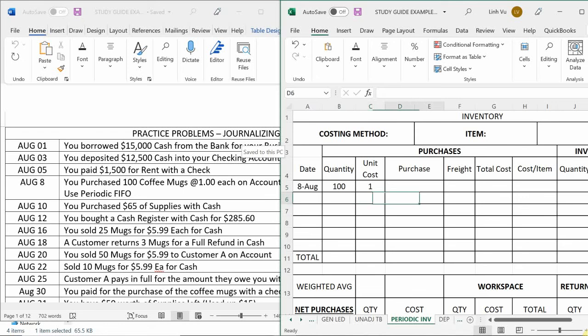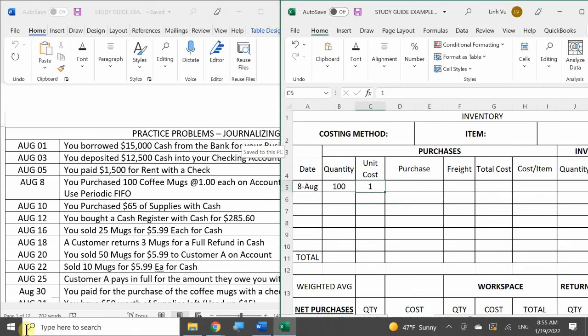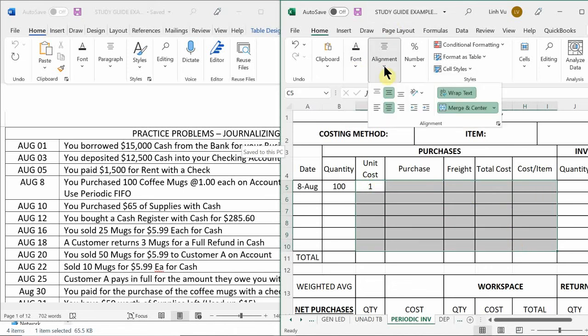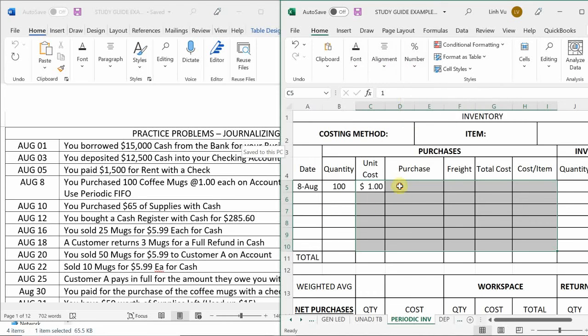Times $1. Okay. Now, because I said specifically to use periodic FIFO, so costing method.